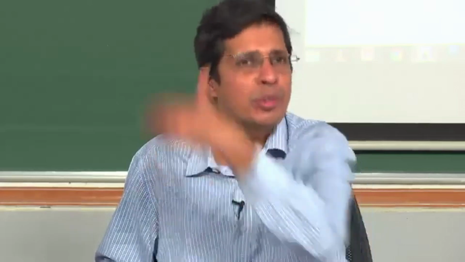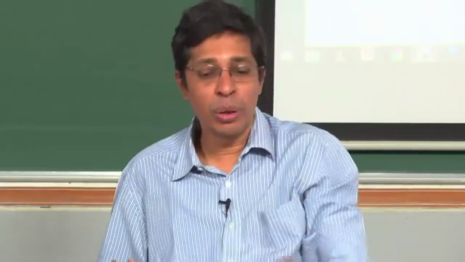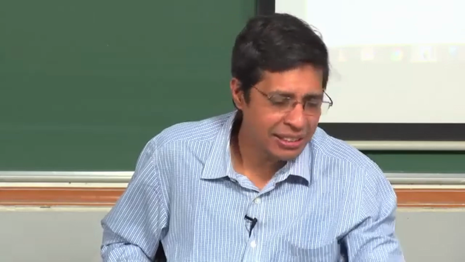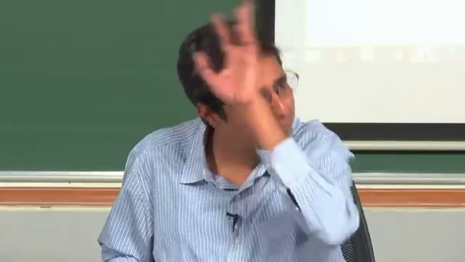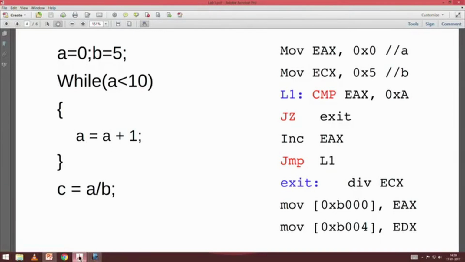Here also I am reusing A several times. If you want to reuse A after division, then at this point you have to move A to some memory location or some other register.